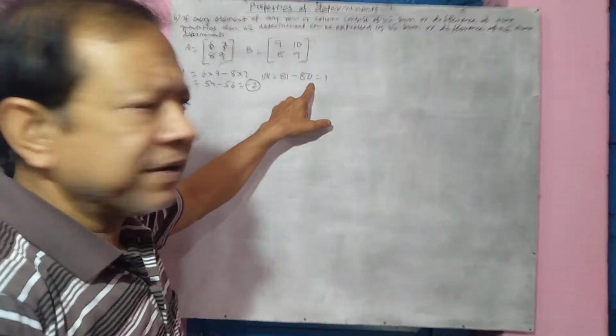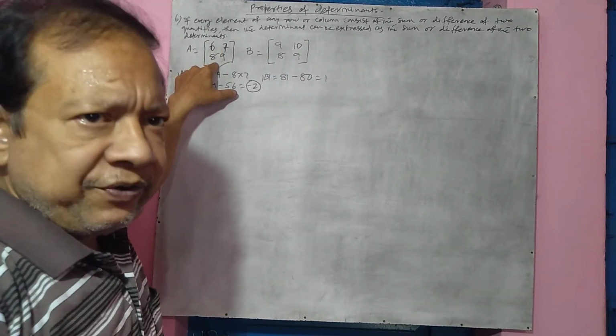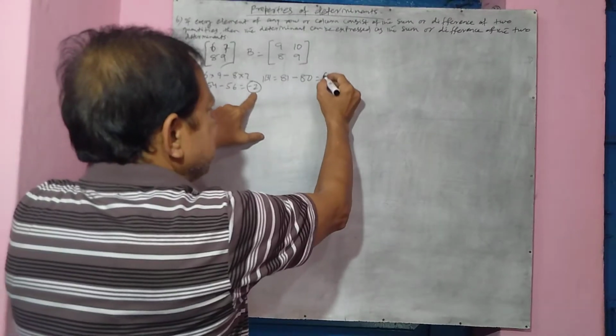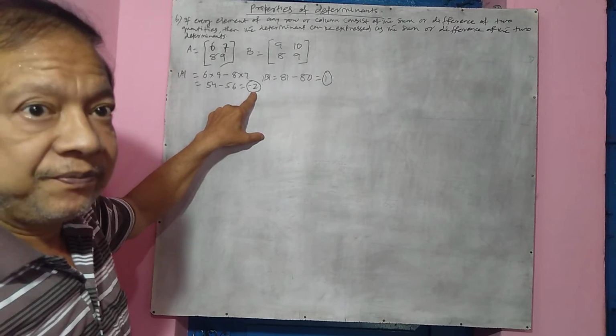So what do you find here? In the first matrix, the determinant was minus 2. In the second matrix, the determinant is 1. Why?